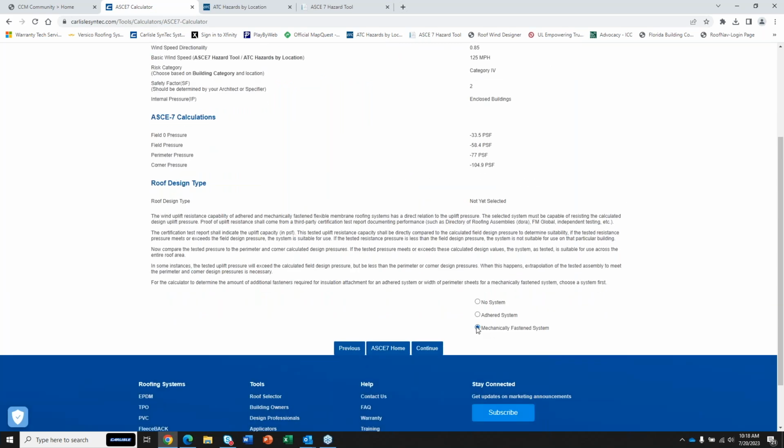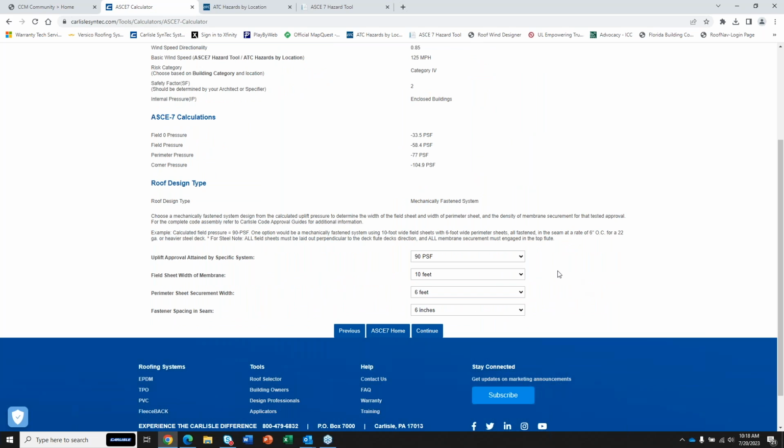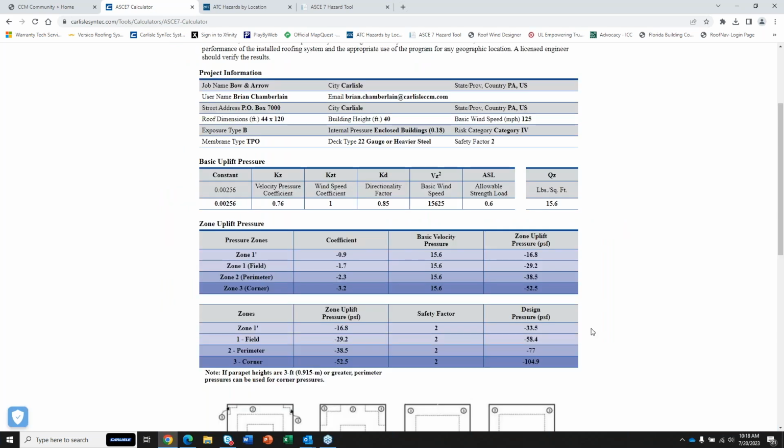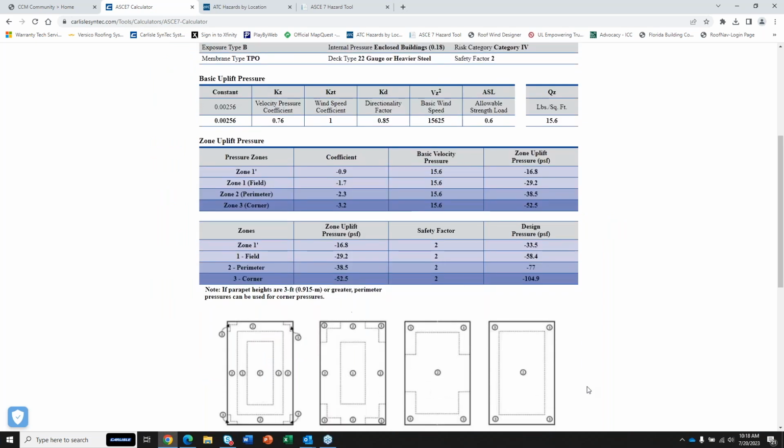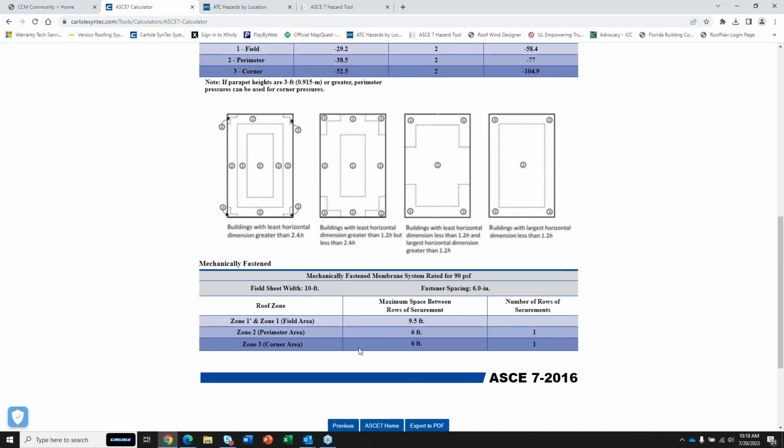The other option and last one is the mechanically fastened method. In this case, we have 10-foot wide, 6-foot sheets, everything 6 inches on center, is 90 pounds per square foot. We hit continue. We have all those same pressures again. I've included that safety factor, which again is not necessary. But then it shows here at the bottom that zone 1 and zone 1 prime would be 10 foot at 6 inches on center.